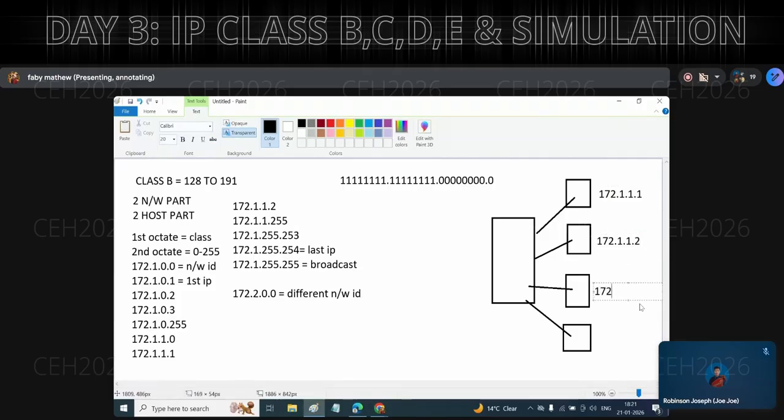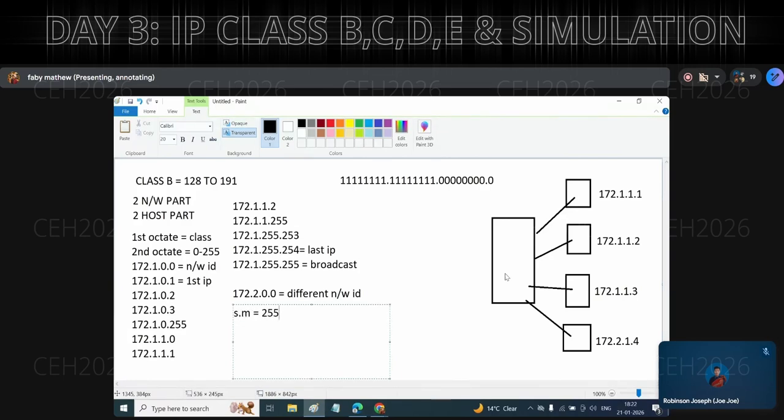And in this machine, 172.1.1.3. But in this machine, if I place the value 172.2.1.4, then what will happen? This machine is from a different network, so it would not be able to communicate with this network. If we want to communicate with this IP, we need a network device called a router. In a simple LAN, if we are connected with a switch, it will not communicate with this IP address. Got it?